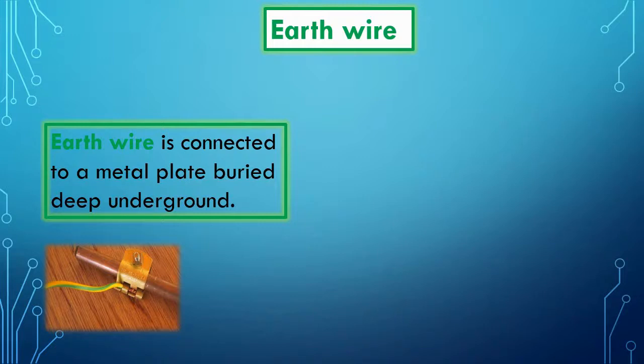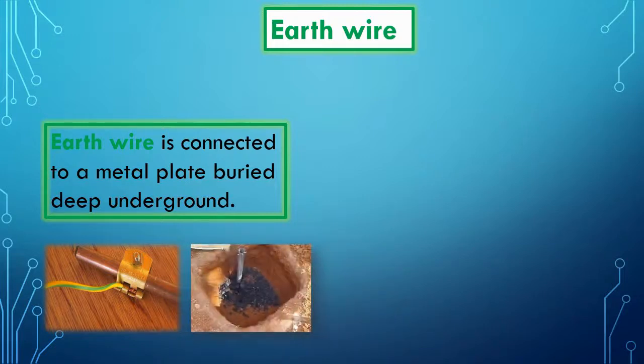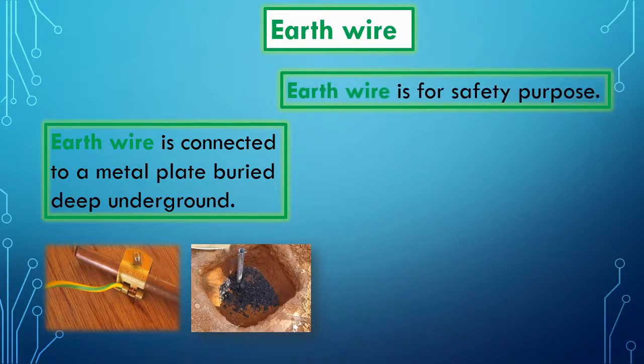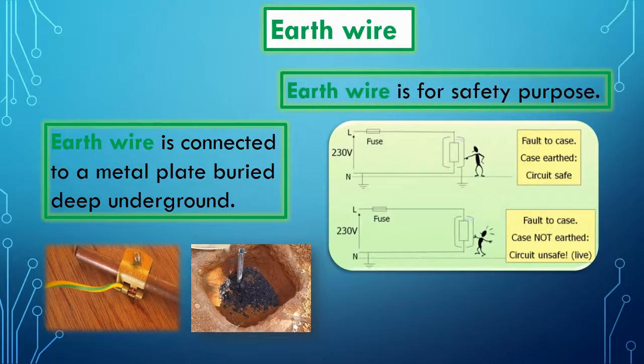A deep pit is dug into the ground and a galvanized iron plate is placed inside along with charcoal and sand for the purpose of maintaining low resistance around the plate. Earth wire is there to protect you if there should be a break or defect in the wire, so the current will go to the ground instead of through you.